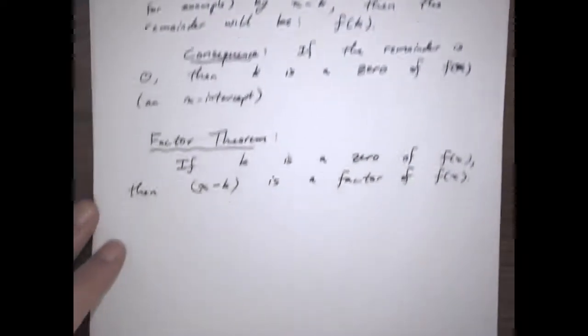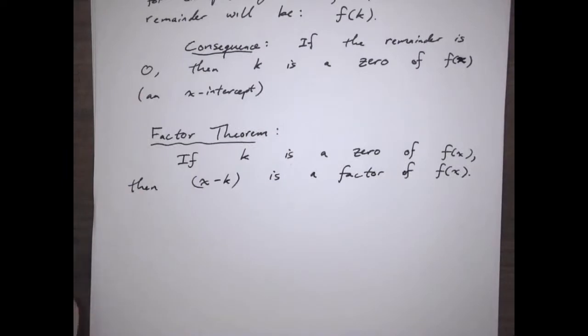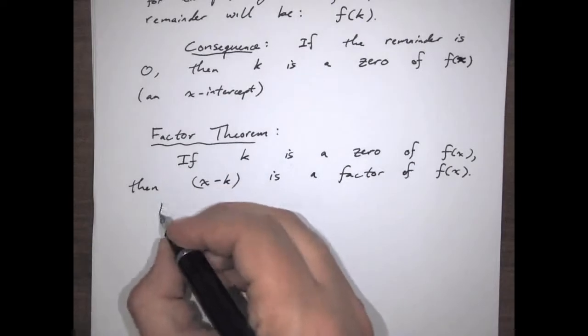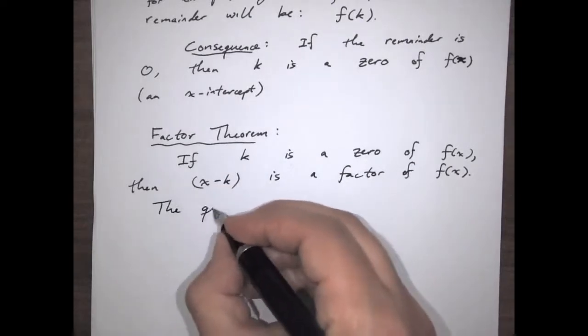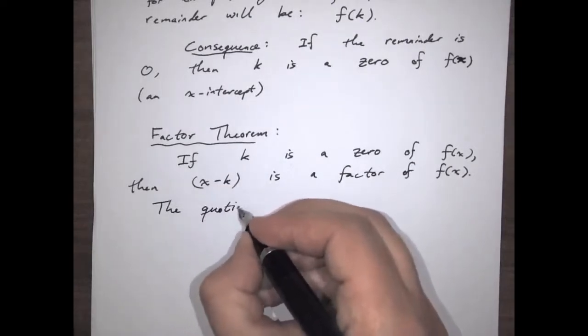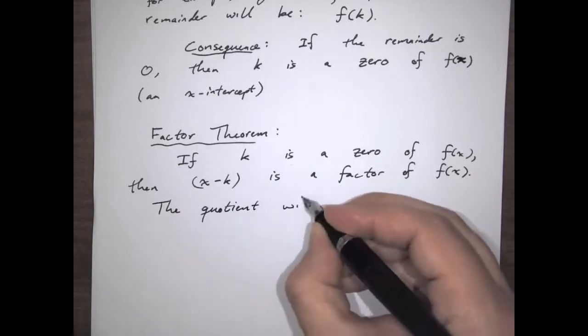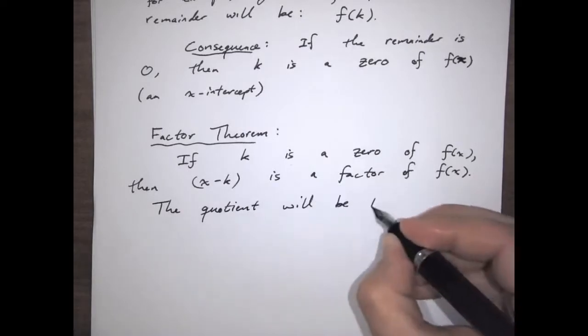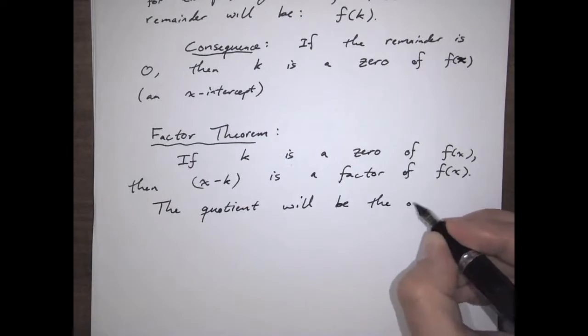And what that would mean is that we could then, after doing the synthetic division, look at the quotient, and that'll be the other factor. The quotient will be the other factor.